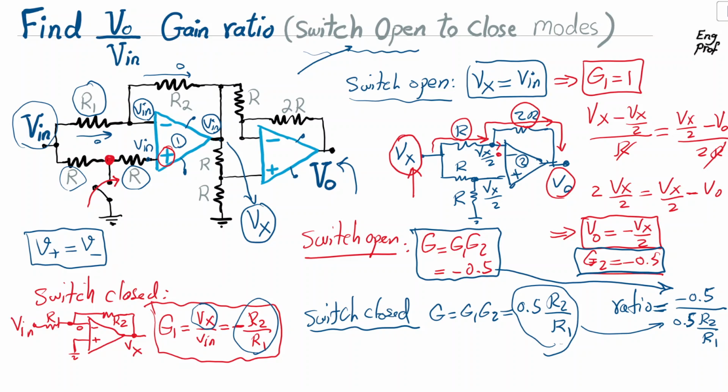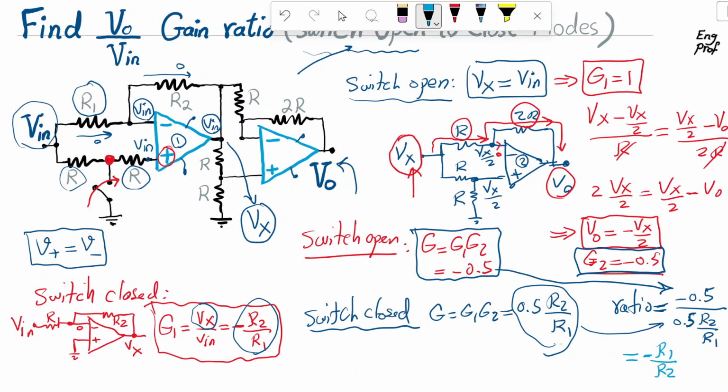So the final answer to this problem becomes this answer. The ratio becomes negative R1 over R2, the ratio of the voltage gains comparing the situation of switch open to switch closed. I hope that this example is helpful.